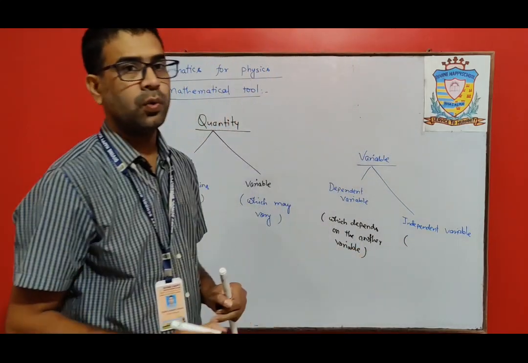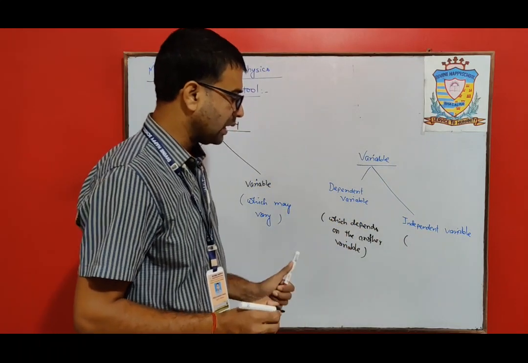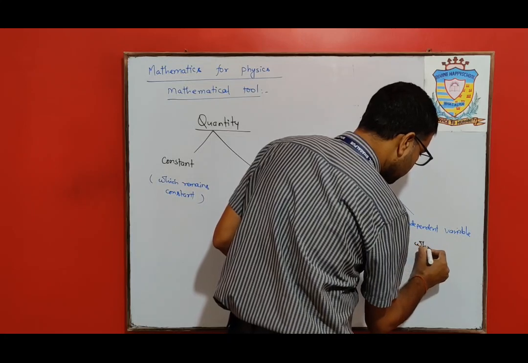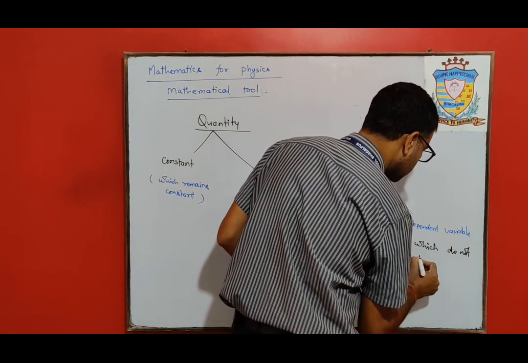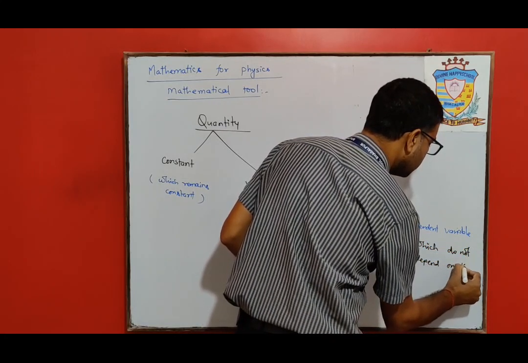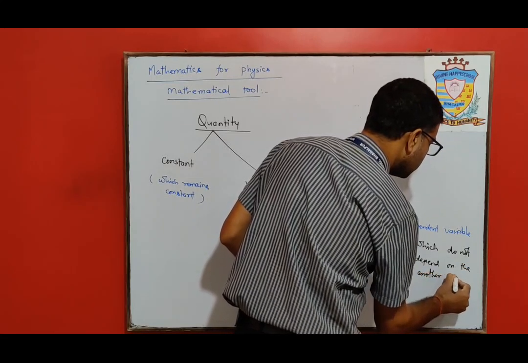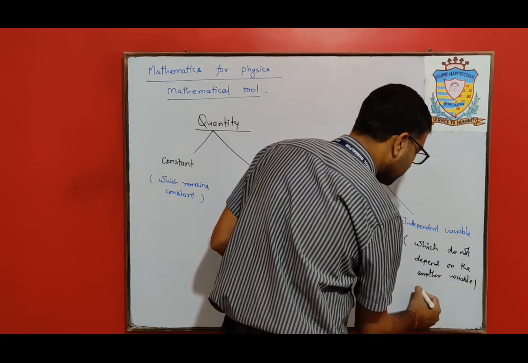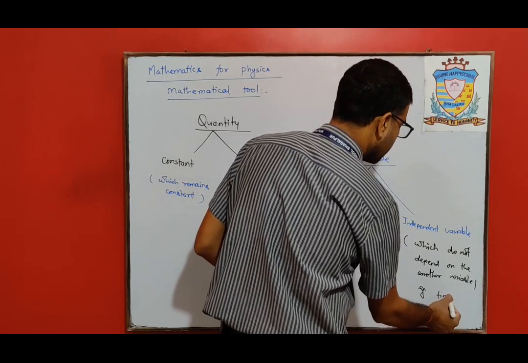And independent variables are those which are independent, or you can say which do not depend on another variable. For example, time.